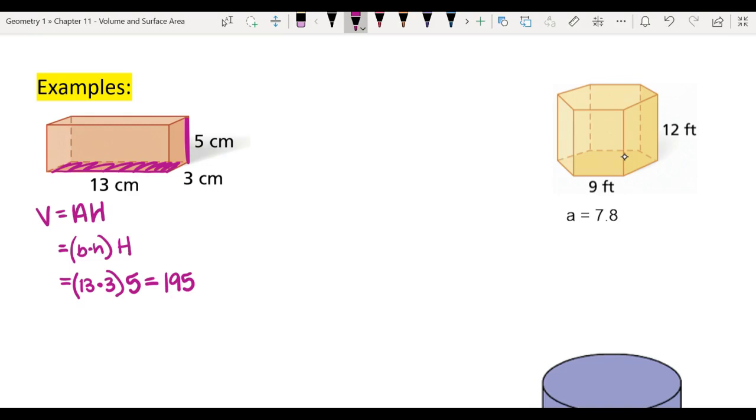Okay. Let's go to our next one. Again, volume equals area of the base times the height. Your base in this next one is a hexagon. Does anyone remember the area formula for either a polygon or a hexagon? Because they're similar. What is it?